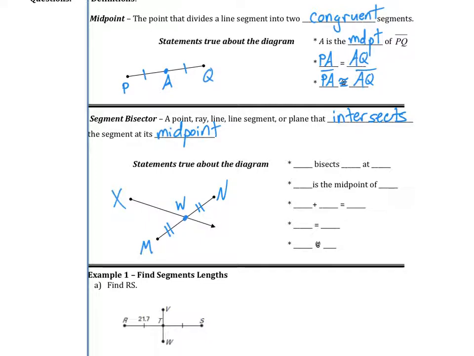So we would say ray XW bisects segment MN at point W. And we also could say that W is the midpoint of segment MN.